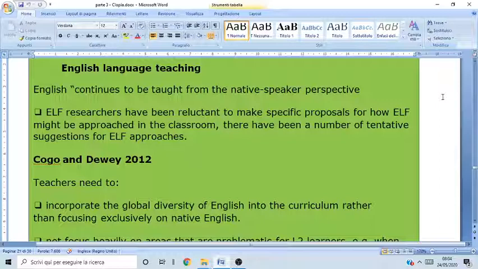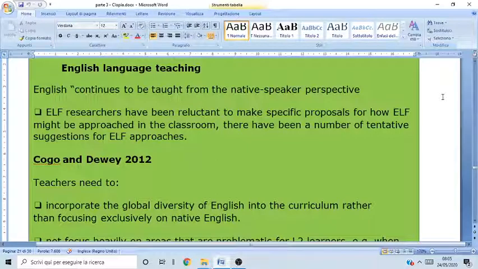So we all know that English continues to be taught from the native speaker perspective, meaning that people usually want to learn and teach English from the inner circle.